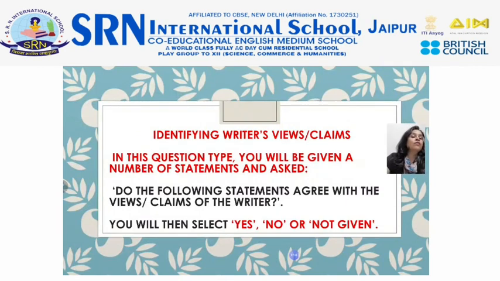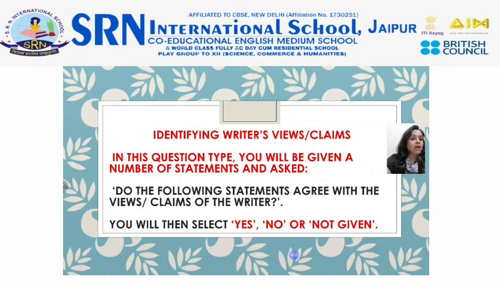No means that the views or claims of the writer explicitly disagree with the statement. That is, the writer somewhere expresses a view or makes a claim that is opposite to the one given in the question. Not given means, as we have already discussed, that the view or claim is neither confirmed nor contradicted. Any knowledge that you bring from outside the passage should not play a part when deciding on your responses.